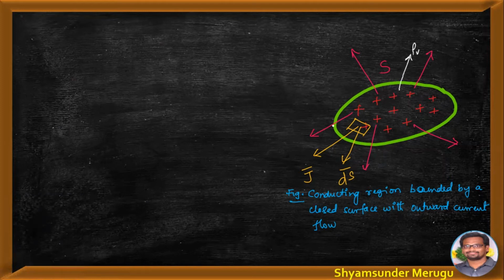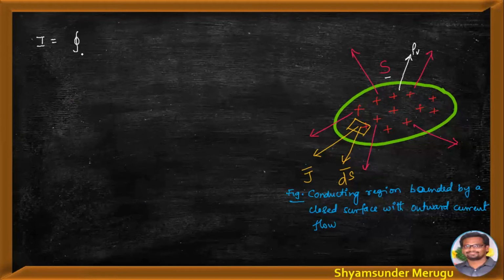By this figure we come to know this volume charge density is enclosed by this closed surface S. The total current crossing the closed surface in the outward direction can be described in terms of the volume current density, that is J bar, as I equals closed surface integral of J bar dot ds bar.